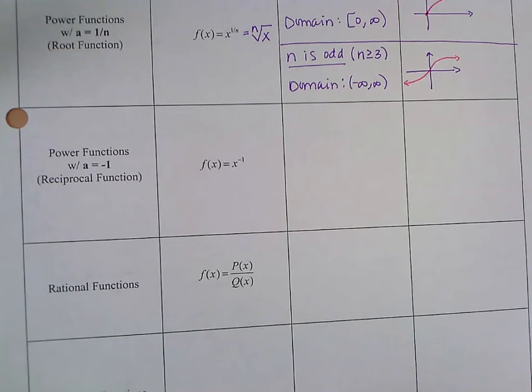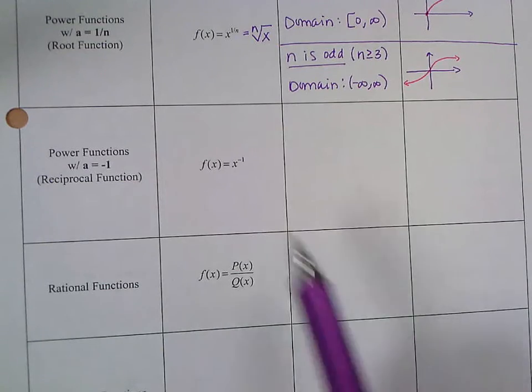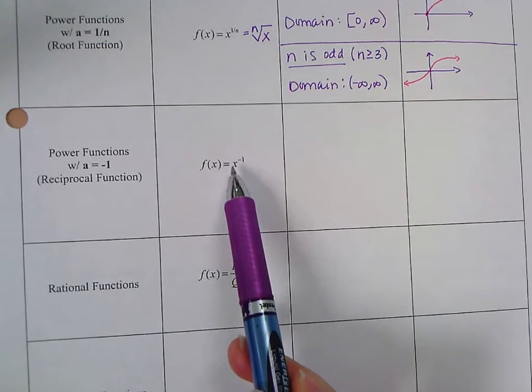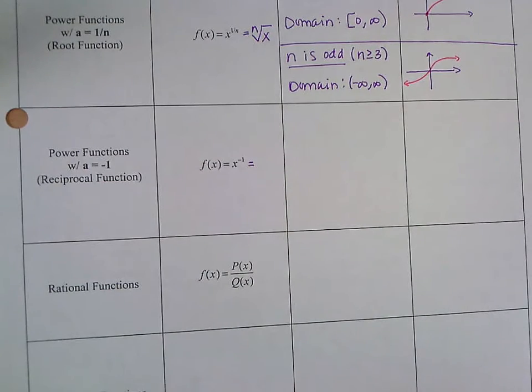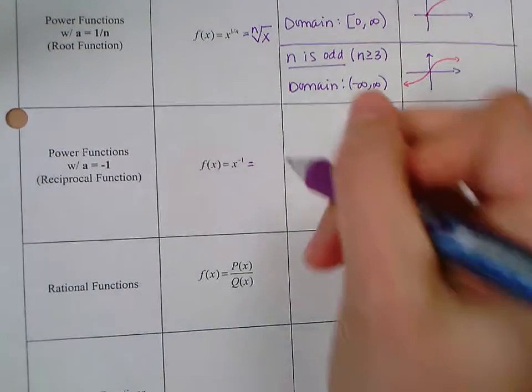All right, and then the last special type of power function we have up here is if the a value is specifically negative 1. So this is called the reciprocal function. So this, as a power function, would look like x to the negative first. But again, this is reviewing from algebra properties of exponents. How can you rewrite this so that the exponent is not negative? 1 over x.